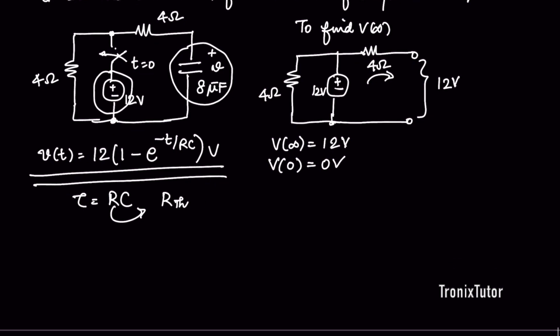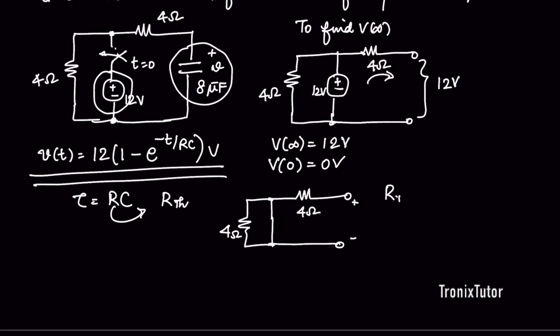That can be done very simply. When I do the Thevenin resistance, I short all voltage sources. So these are my two terminals of the capacitor. I have a 4 ohm resistor here and a 4 ohm resistor here. But this 4 ohm resistor is shorted because the 12 volt source is shorted.